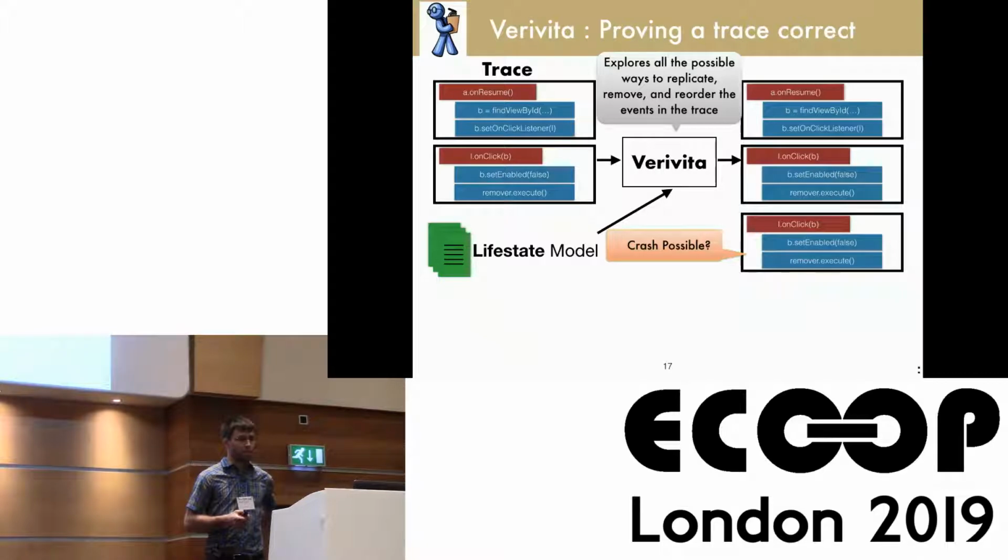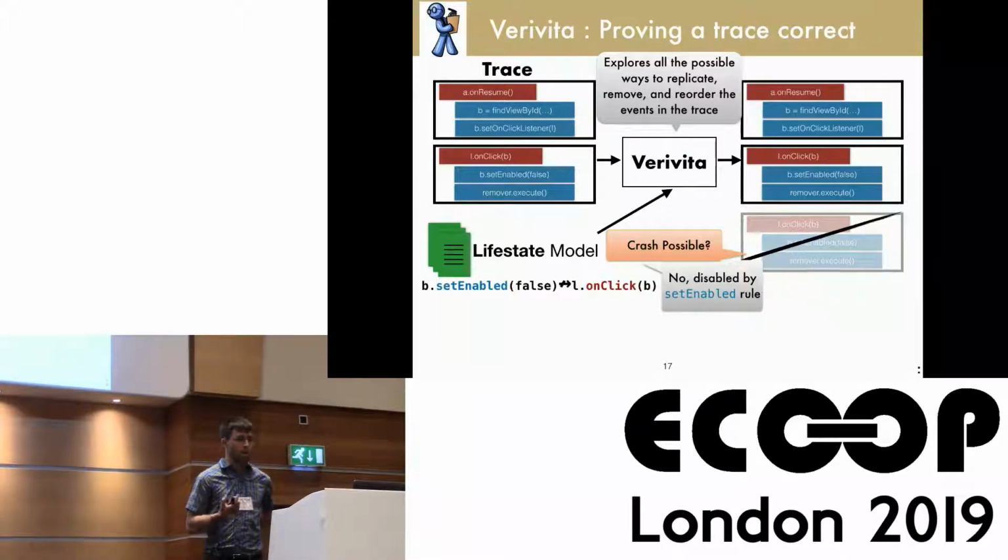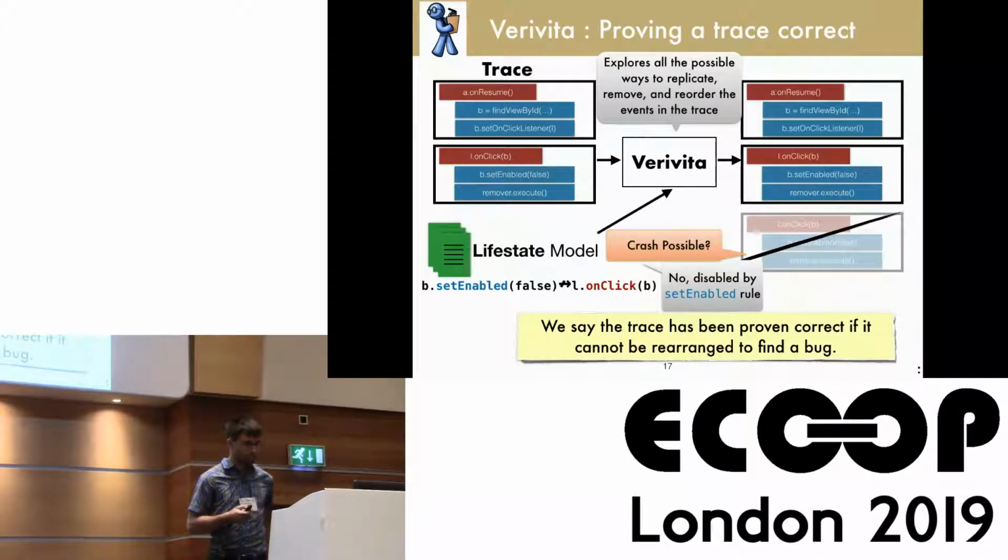And then we can ask, is it possible that this system reaches some kind of crash? And if it cannot, in the case of using set enable false, then we say that the trace has been proven, and that we cannot rearrange it to find one of these event-driven defects.